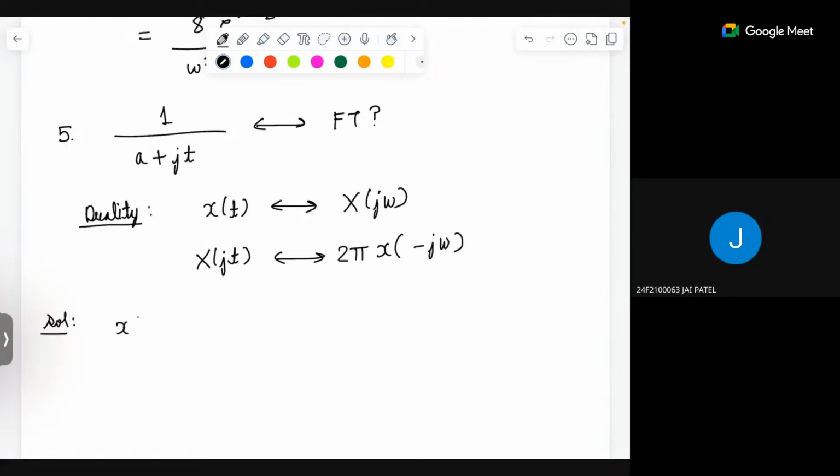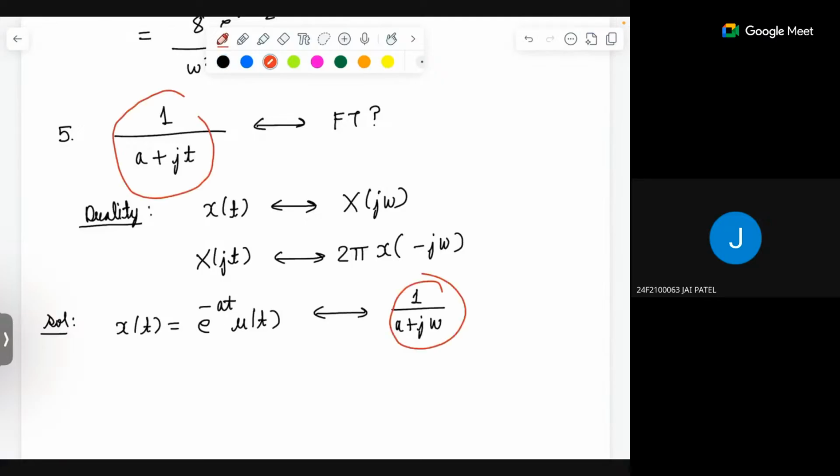So in the first question, we had x of t equal to e raised to the power of minus a t u of t. We computed its Fourier transform to be 1 upon a plus j omega. So now you see this and this are similar. Instead of t, there is omega. So we will use the property of duality here.